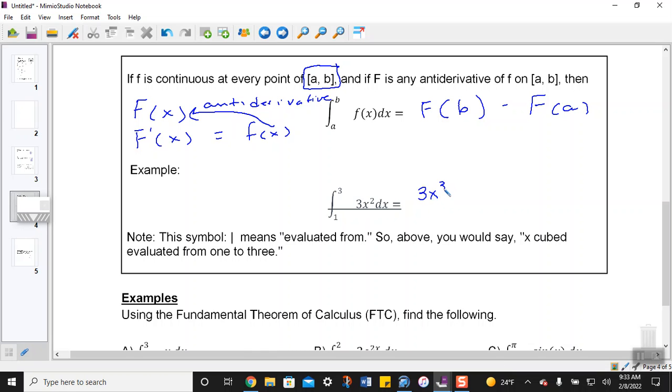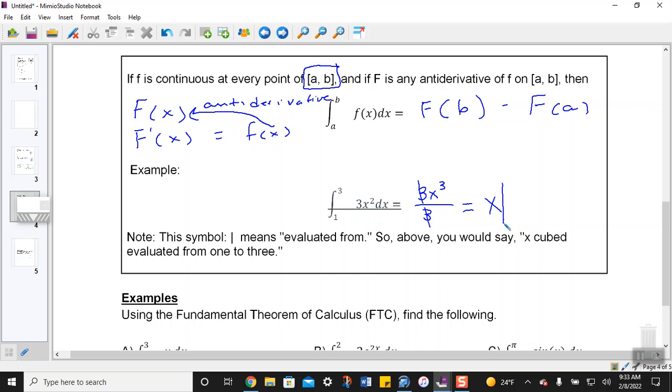Now, the antiderivative for power stuff like this is whatever your new exponent becomes, you're going to put that value in the denominator as well. So my new exponent now is what? 3. So we put a 3 down here. Yep. And what do the 3's do to each other? Cancel.